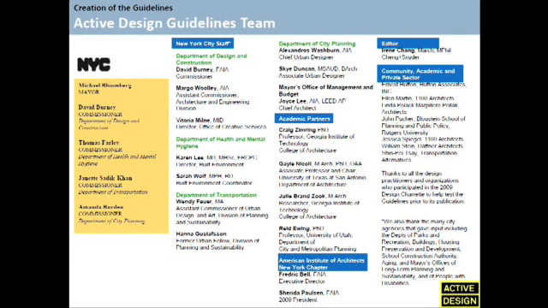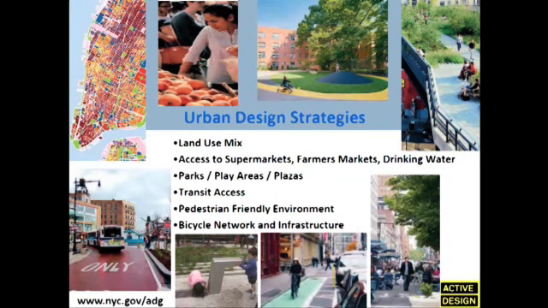And then once we drafted the guidelines, we actually had a design workshop where we invited major architectural firms and urban design firms and developer firms, the private sector, to come and join us to give inputs into the guidelines. And after we got all those inputs, we actually revised and edited the guidelines before publishing it finally in 2010.